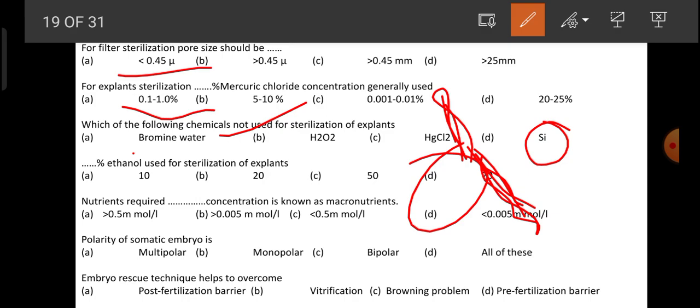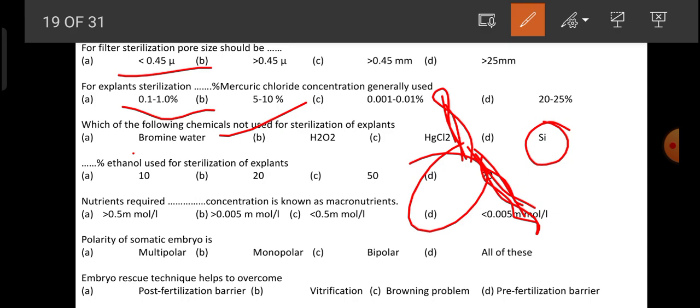Before that you should know what is a pre fertilization barrier and what is a post fertilization barrier. Pre-fertilization barriers come whenever you are going for interspecific or intergeneric hybridization. Failure of zygote formation, failure of pollen germination on stigma, insufficient growth of pollen tubes on style, or cross incompatibility are some of the pre-fertilization barriers.